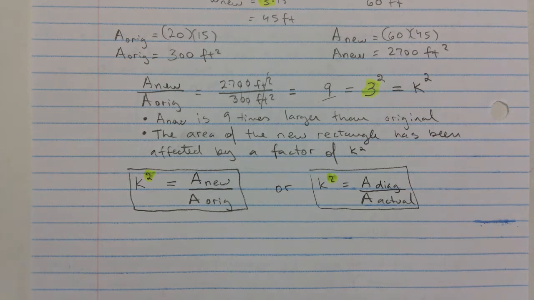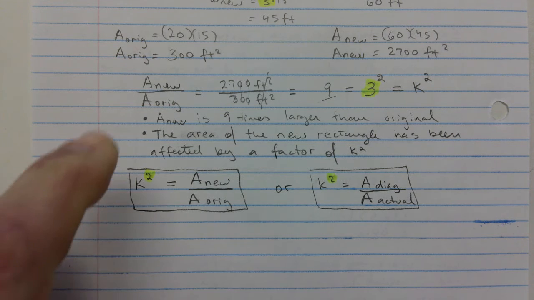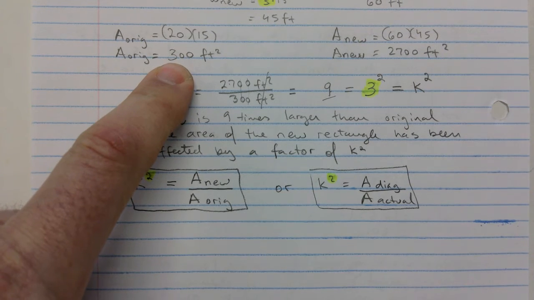All right. So the beauty is here, I mean, you might not see the beauty in it, but really I wouldn't have had to give you any dimensions. I could have just said, hey, the area of the original is 300 square feet.